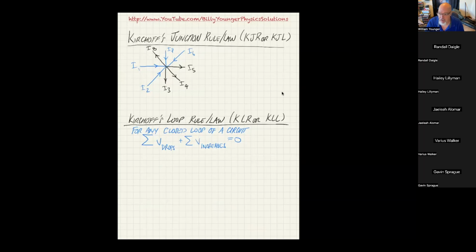Here we're doing basically two things. In Kirchhoff's junction rule, which I call KJR, some people call it junction law and they call it KJL. I pretty much use R on all of them.